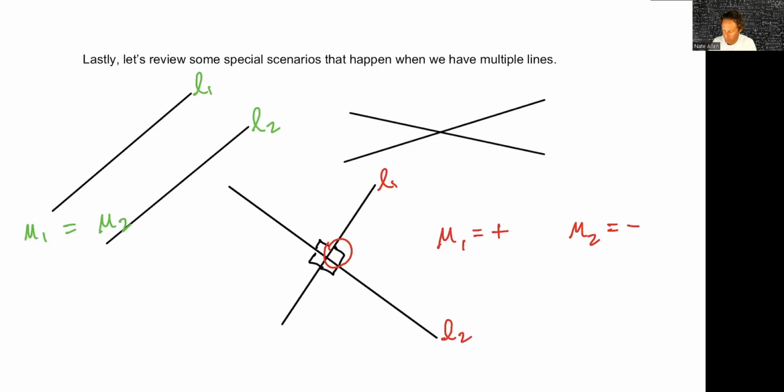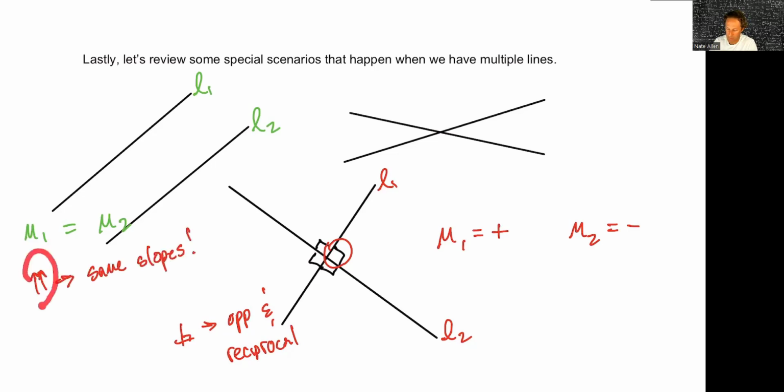So remember, perpendicular lines are both opposites and reciprocal slopes, where if they are parallel, same slopes. And it's pretty easy to see the parallel. That's just like our equal sign for the same, equivalent. All right, parallel, same slopes. Opposite and reciprocal.